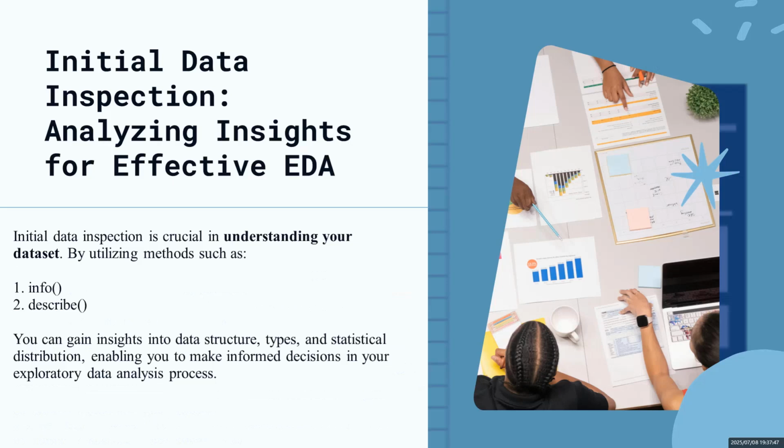All right, so you can gain insight into data structures, types, and statistical distribution. So this enables you to make informed decisions when exploring your data. And don't forget, Pandas is a very powerful tool that can help us achieve this task.